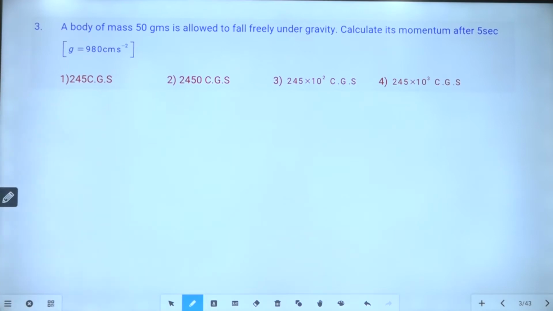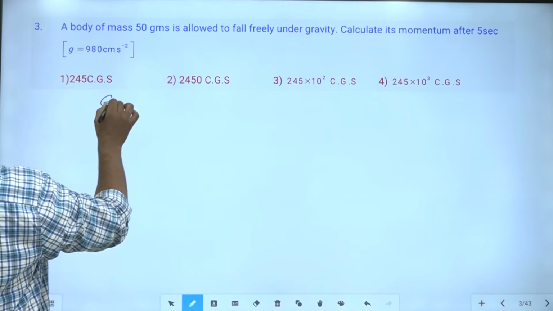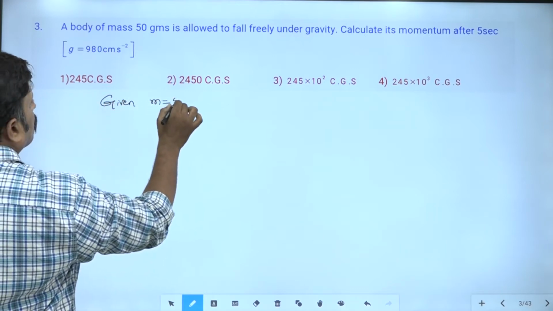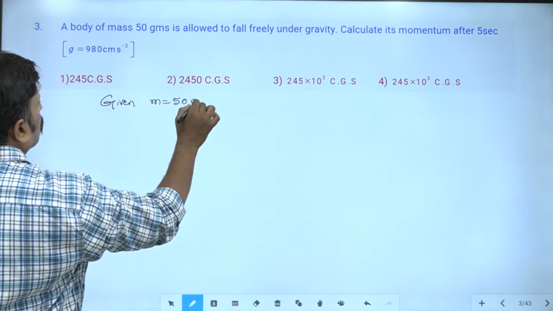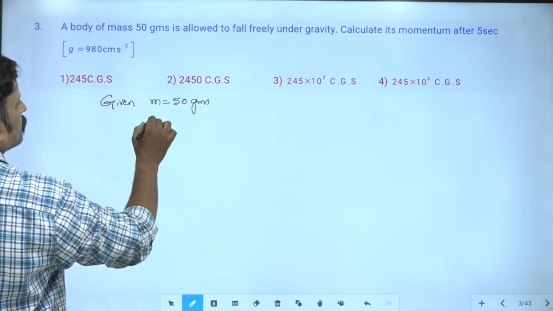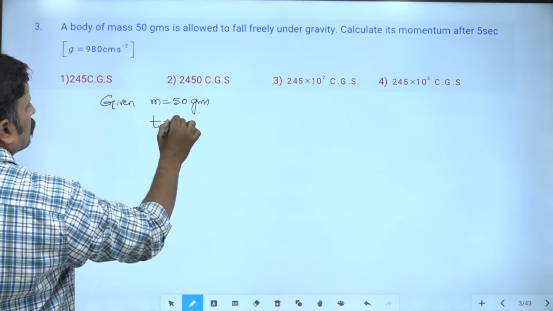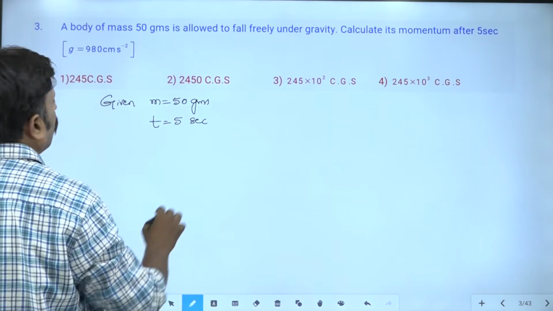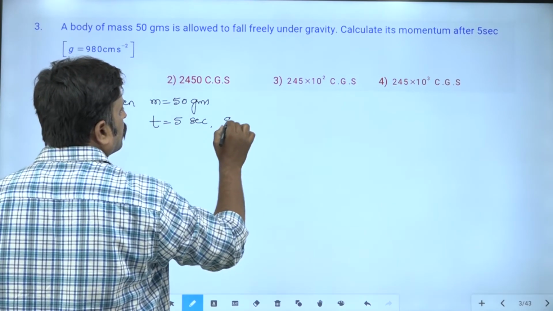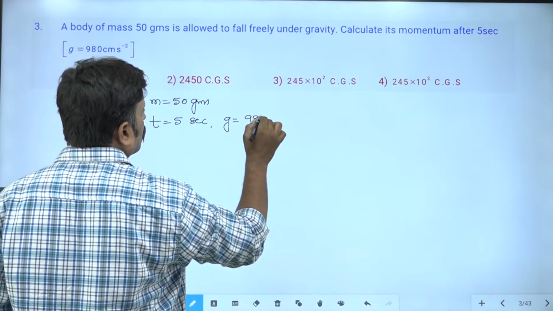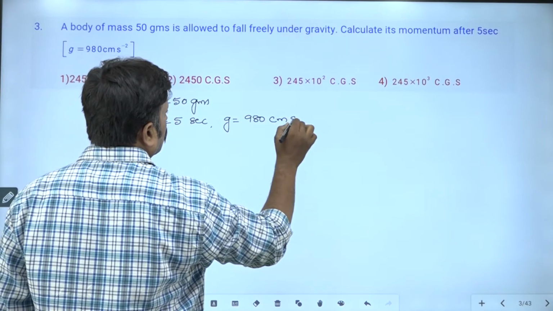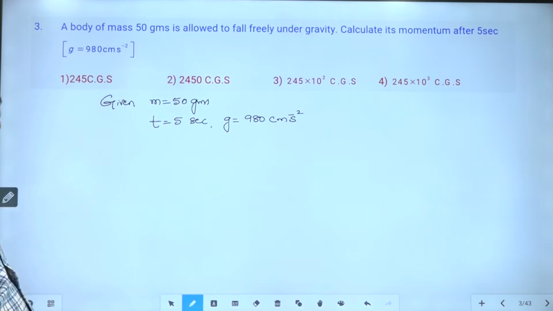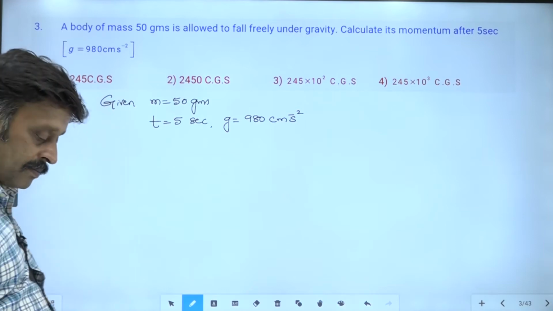So, given, write down: mass as 50 grams, time as 5 seconds. The value of g you are asked to take as 980 centimeter per second square.